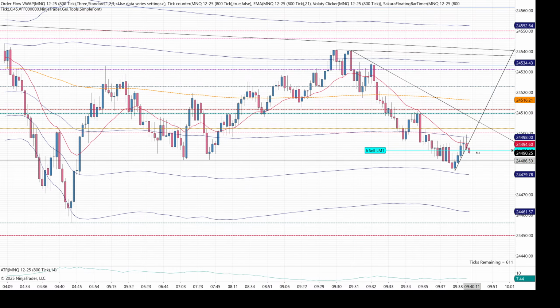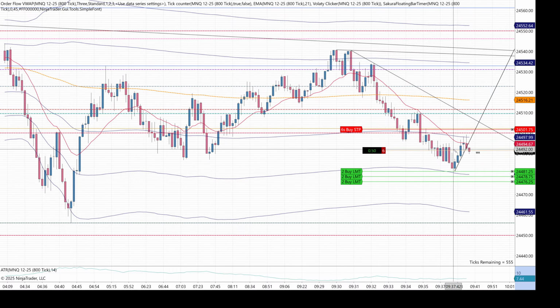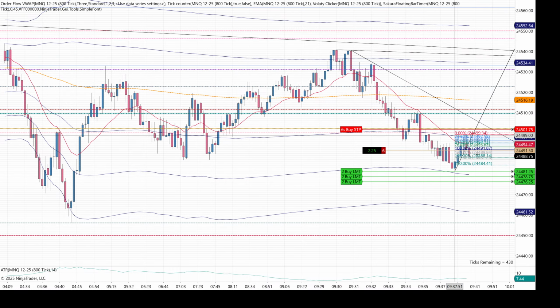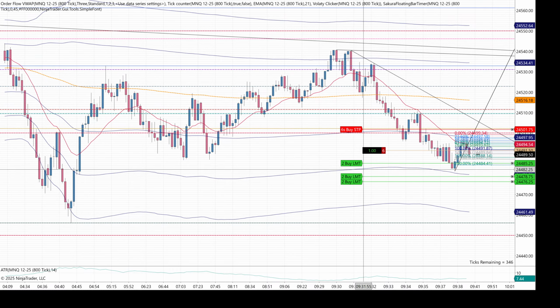This is a trigger lower. Happened really fast.